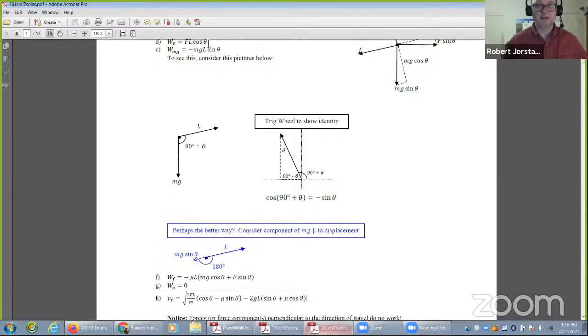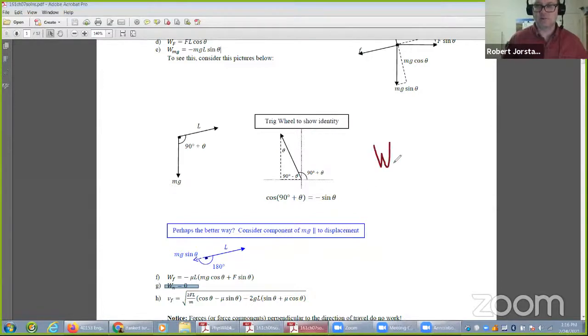We've got it all. Here's the work done by the force applied by the zombie. Here's the work done by gravity. Here's the work done by friction. And here's the work done by the normal force. The net work is just add those up.